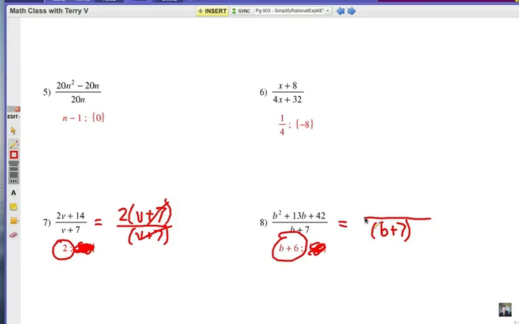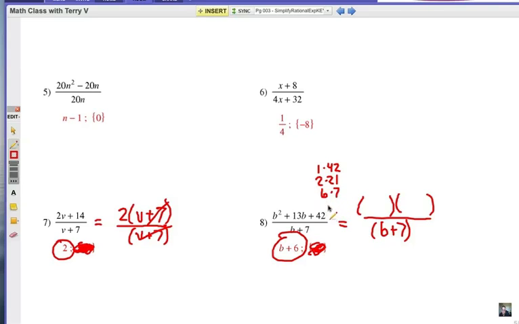All right, well on the bottom I'm going to have b plus 7. And on the top, now look at that, that's a trinomial, so it's going to be a factored pair of binomials, right? And I have videos, by the way, on how to factor these kinds of things. Now for 42, my third term there, let's think of some factors of 42. Well, 1 times 42, 2 times 21, how about 6 times 7?